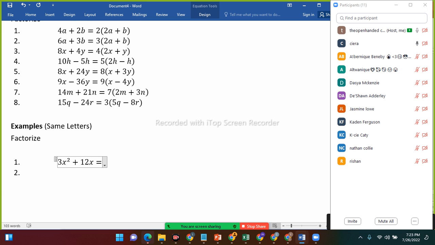Okay, so let's put 1 outside the bracket. What do you think? Oh no, let's put 3, because 3 could go into 3 and 3 could go into 12.